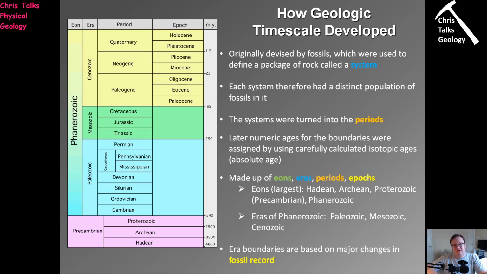Then, of course, we split up those into the periods. And then we split up the periods into the epochs. So you can see, as we refine, we split geologic time into smaller and smaller units. So once more, the boundaries are based on major changes in the fossil record, or in some circumstances, the appearance of certain key rock units.